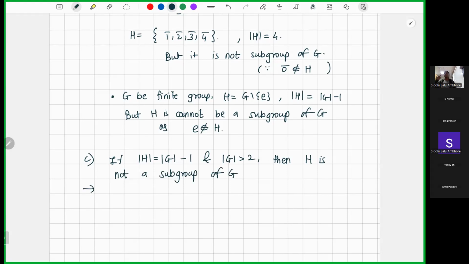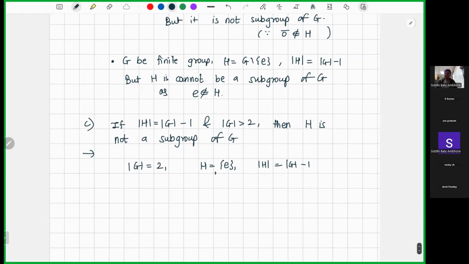And here this order of G greater than 2 plays a role, because what they're saying is that if H has size |G| - 1, then H can never be a subgroup. So if I take the order of G to be 2, and this is my H, I take just E, which has order |G| - 1, but this is a subgroup.